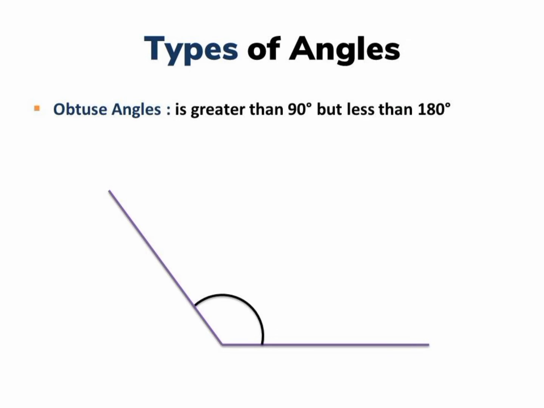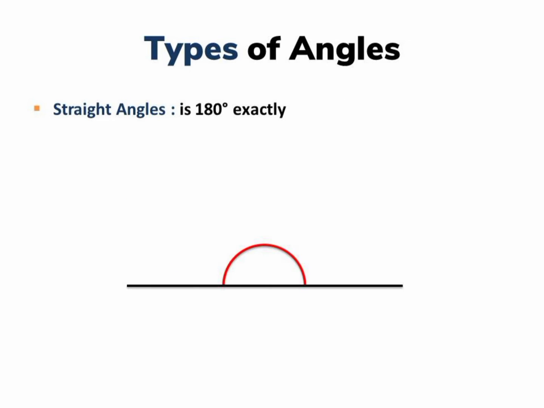Third is obtuse angles, which are greater than 90 degrees but less than 180 degrees. The fourth is straight angle, which is exactly 180 degrees. A straight angle is just what we get when we rotate our rays so that they point in exactly opposite directions.